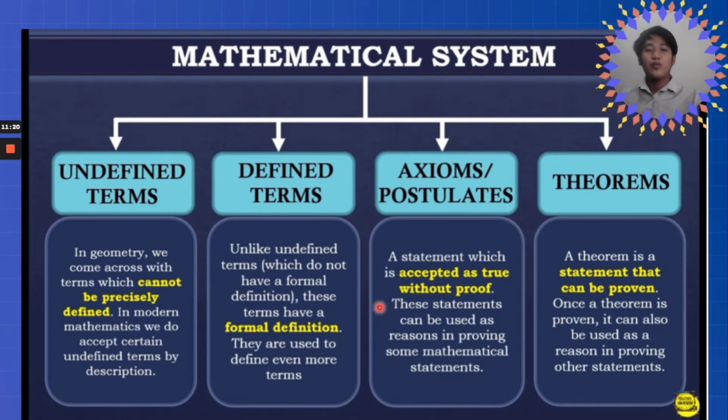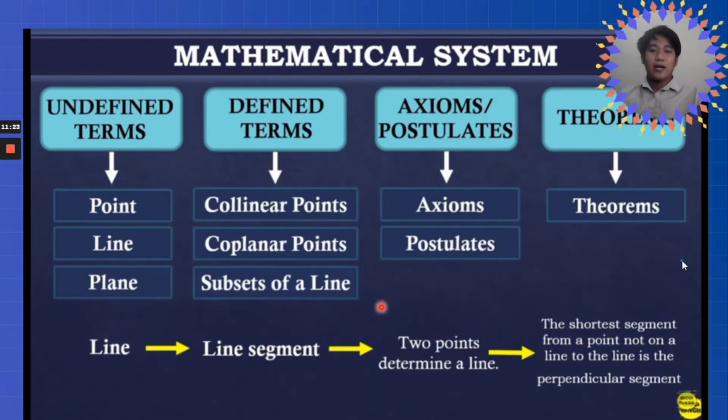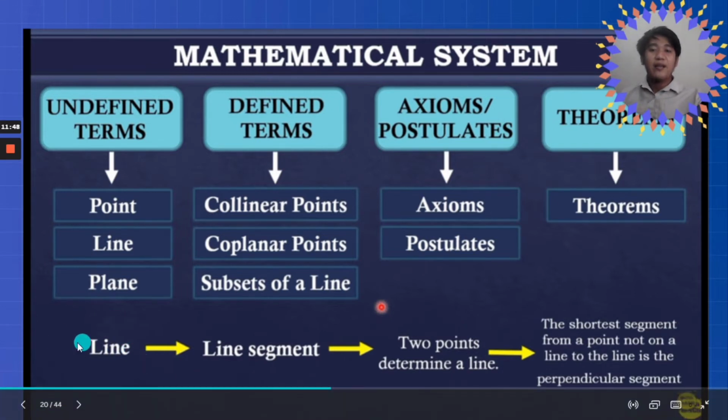So let's proceed with the examples. In undefined terms, we have the point, line, and plane. Defined terms: in point, we have collinear points, coplanar points, and then subsets of a line as defined terms as well. Axioms and postulates are the same, and then theorems. For example, in undefined terms, we have the line, point, and plane. Here's the line. For the defined terms, we have the line segment.